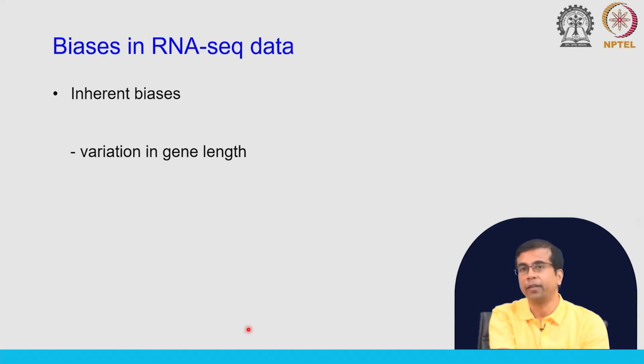So, what happens is that if you have a longer transcript, right, there is a high chance that you will get more fragments, right, and you will have more reads coming from this transcript in the RNA-seq library, simply because this is a longer transcript, you have more fragments generated and that will be sequenced more than a transcript that is smaller in length. Okay.